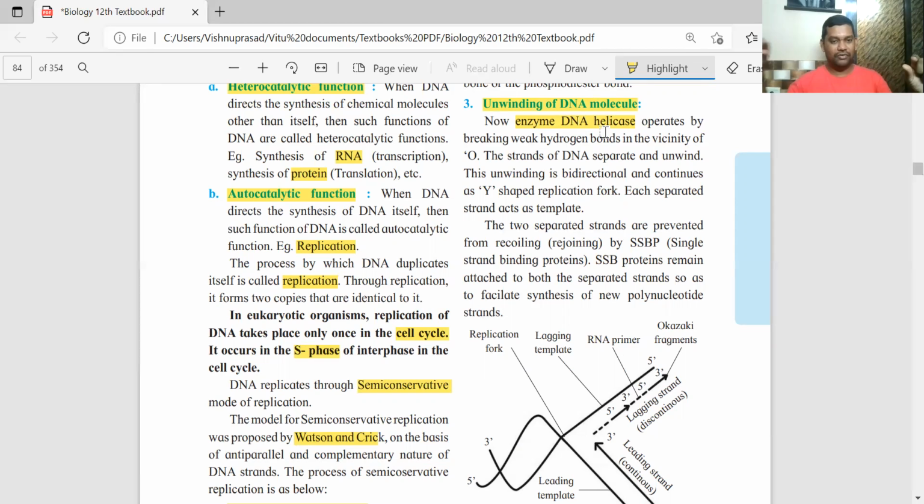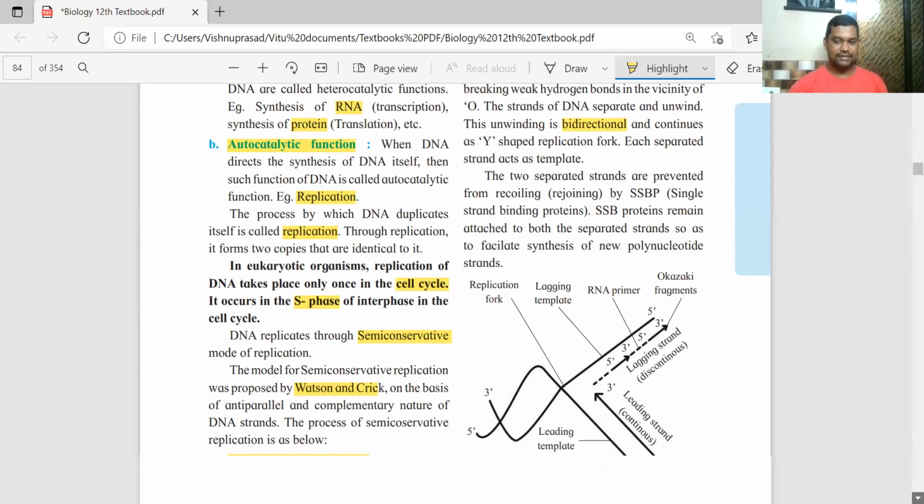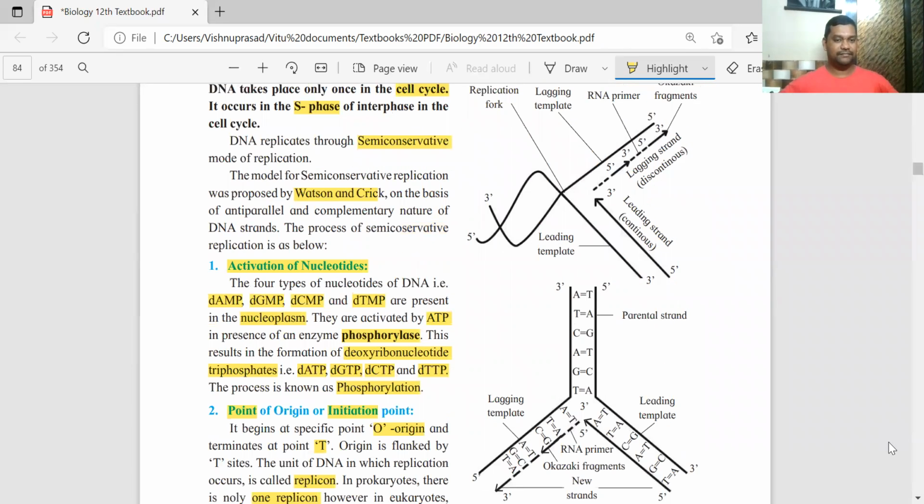DNA from O to T will keep on opening, and that is why this unwinding is said to be bidirectional, meaning on both sides.